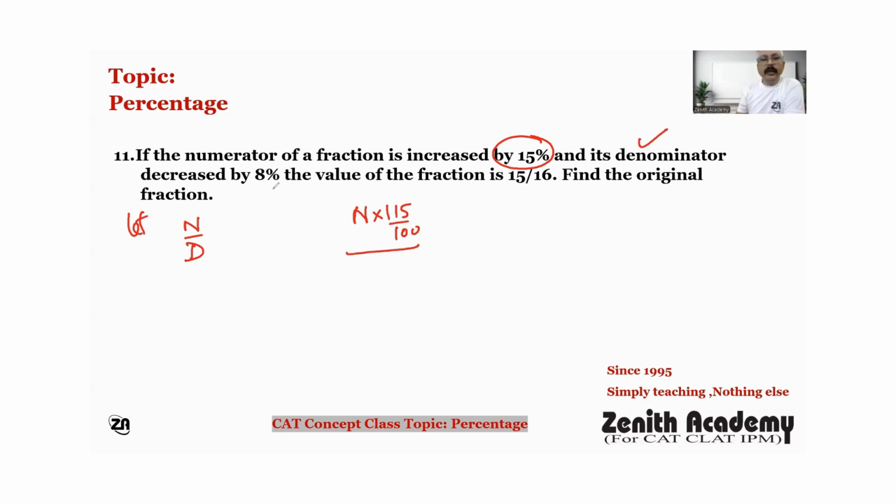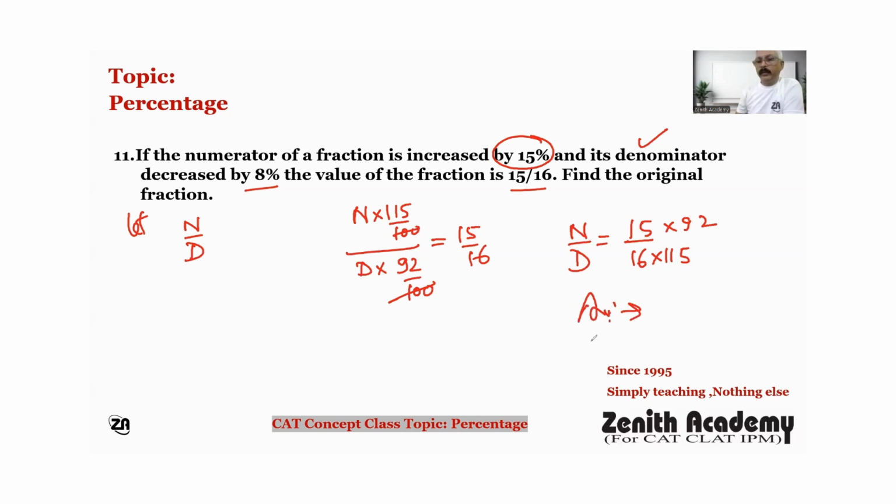And the denominator is decreased by 8%, so the new denominator will be 92% of the original denominator. And this is equal to 15 by 16. So now you can calculate, this and this cancel. N by D is equal to 15 by 16, and this 115 here and this is 9. Now it is only a matter of calculations which you can do. So this is your answer. Now see the next question.